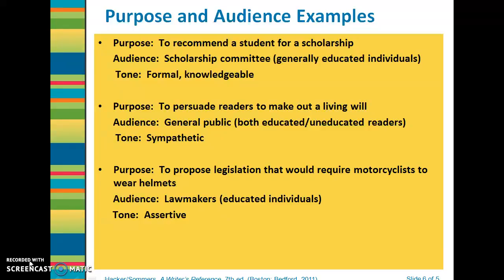The tone that you would adopt would be somewhat formal. You would want to appear very knowledgeable of this individual that you're recommending. You would need to know the individual pretty well, their work ethic and those kinds of things. You would also want to appear very credible. So those are some things to keep in mind.